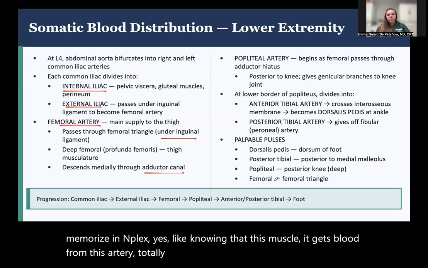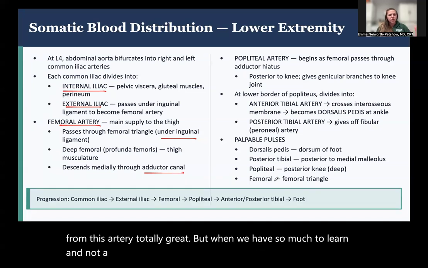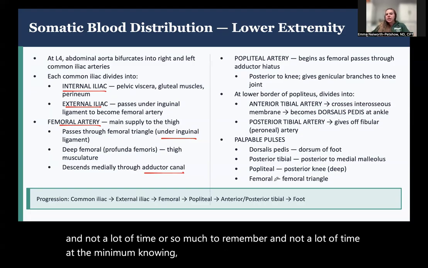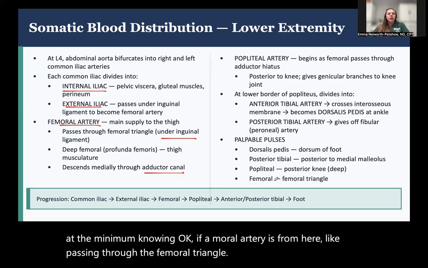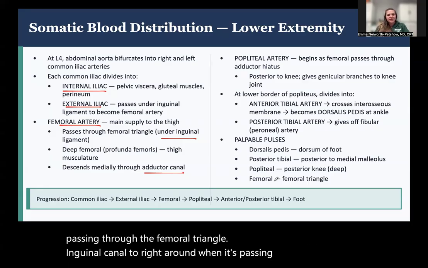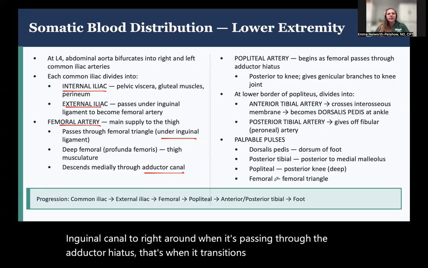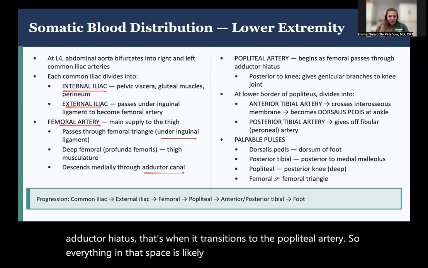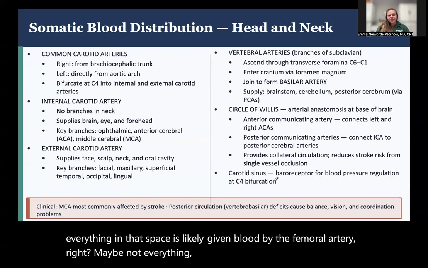But when we have so much to remember and not a lot of time, at the minimum, know that the femoral artery starts passing through the femoral triangle, under the inguinal ligament, to right around when it's passing through the adductor hiatus. That's when it transitions to the popliteal artery. So everything in that space is likely given blood by the femoral artery, right? Maybe not everything, but most structures.